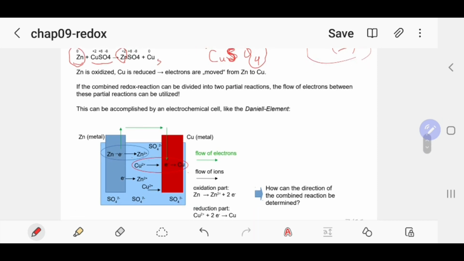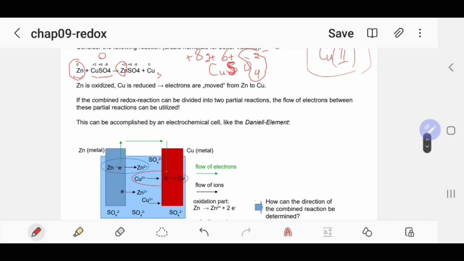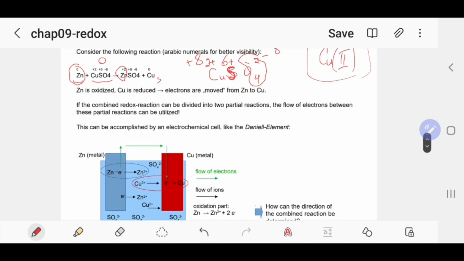So now let's determine the oxidation and reduction. Here it's clear that the zinc got oxidized because from 0 to +2 it lost electrons, so the charge has increased. And the copper, from +2 to 0, the charge was reduced, so the copper is reduced.